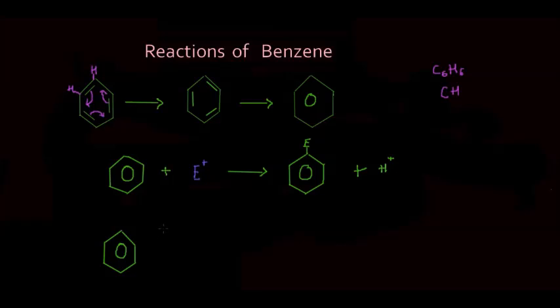Now let's learn the mechanism of the electrophilic substitution reaction which benzene undergoes. When benzene reacts with an electrophile, out of the 3 double bonds of benzene, one of them forms the bond with the electrophile. So we can present an intermediate of this reaction as here.